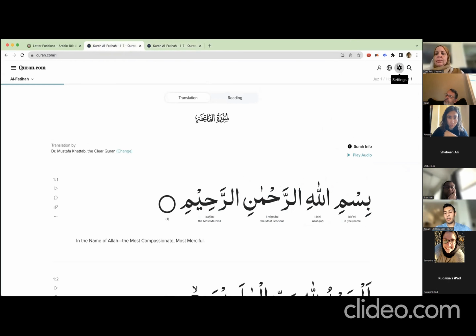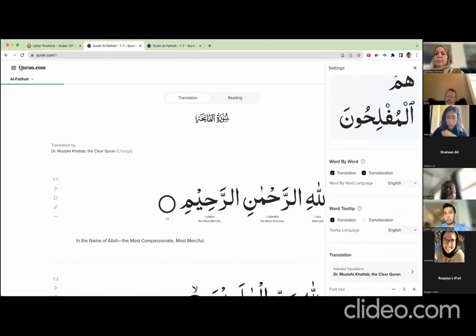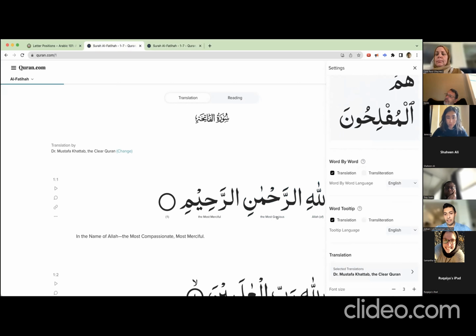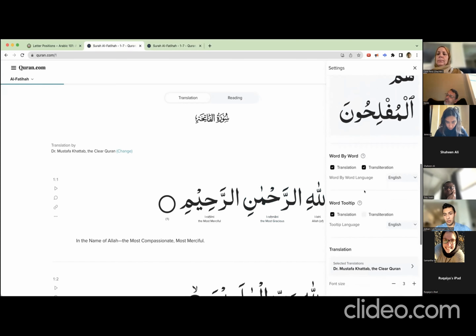Now, another cool aspect on Quran.com, if you go down on the settings, you can press these word by word options, translation and transliteration. So translation puts under each word an approximate translation, and then transliteration, how it's pronounced, to help you do that.